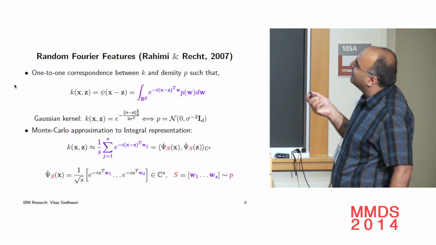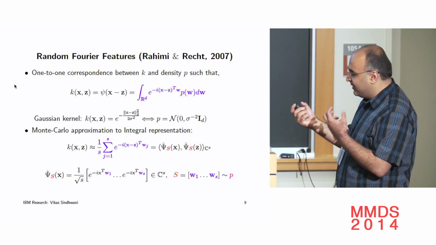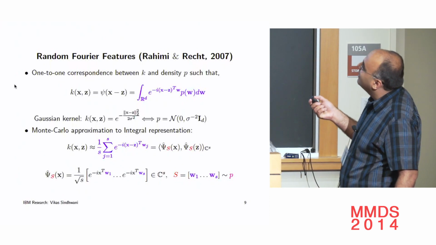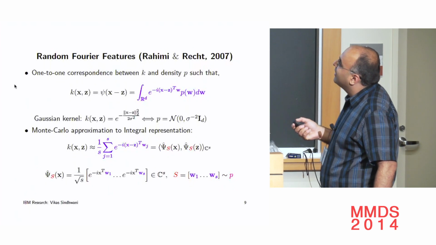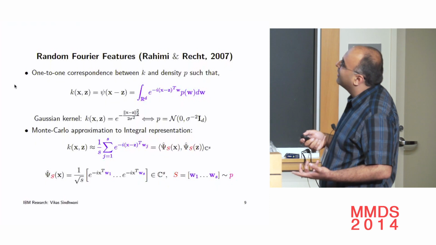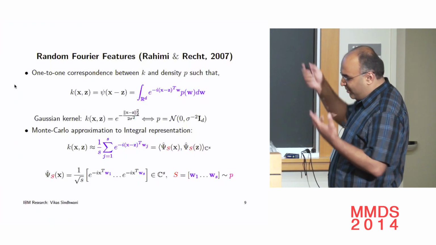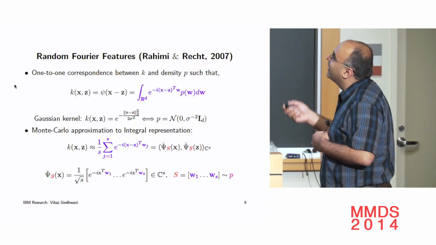So this theorem leads to a one-to-one correspondence between the kernel K and some density P. If you normalize the kernel, for every kernel there is a density P such that you can write the kernel exactly as this integral. So you have this Fourier transform representation. And for the Gaussian kernel, again the most popular case, the Fourier transform is again Gaussian. So from now on, wherever you see K, keep P in the back of your mind.